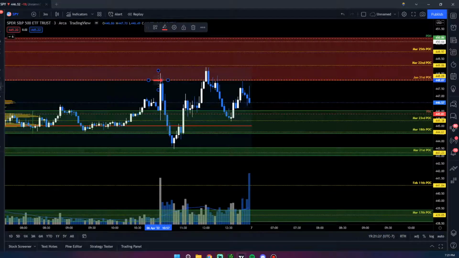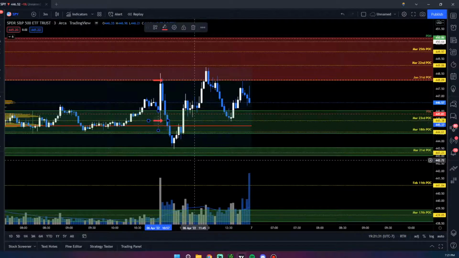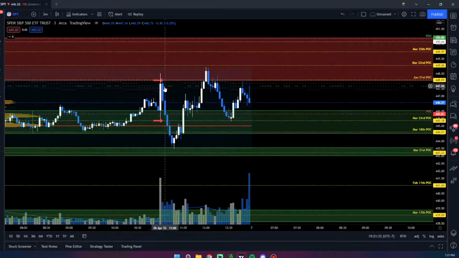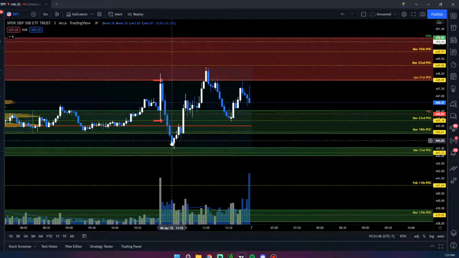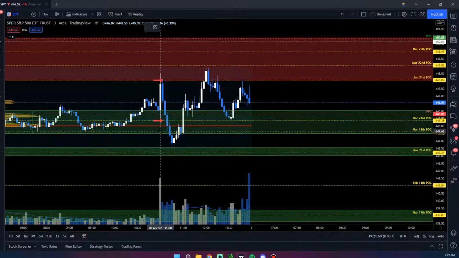I would be expecting to take a trim here. And we can actually see, just like we were talking about earlier, even though this is kind of trending, we do see a bounce right off this March 23rd POC and a pullback before we rip back down more. We also see a bounce pretty close to this March 18th POC.